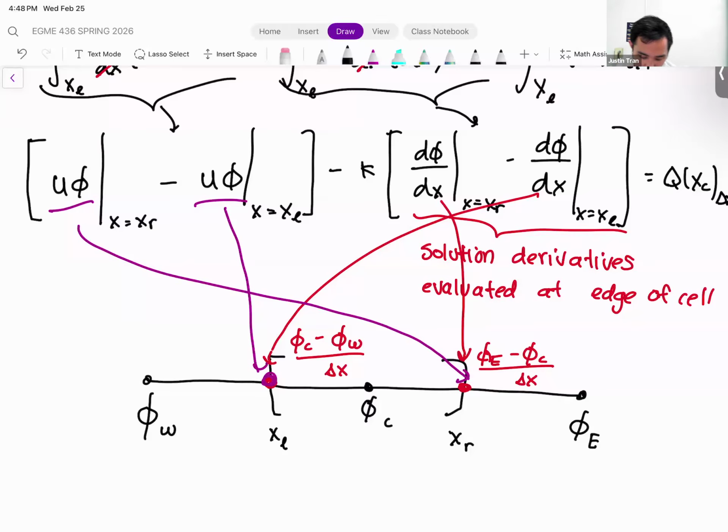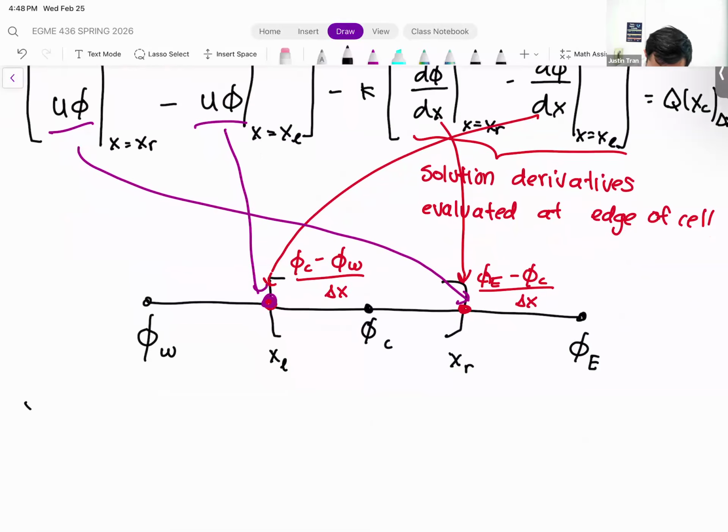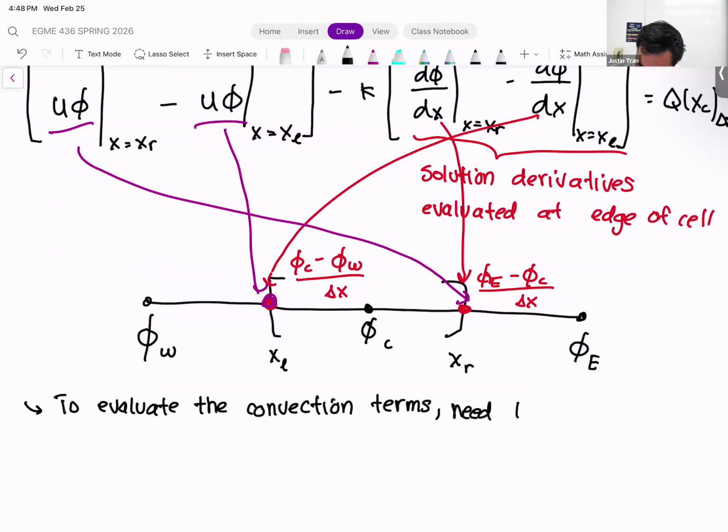Okay, so let me just write that in words here, just because that figure very quickly became a mess. To evaluate the convection terms, we need to compute the value of phi, which is our solution, at the edges of our cell.